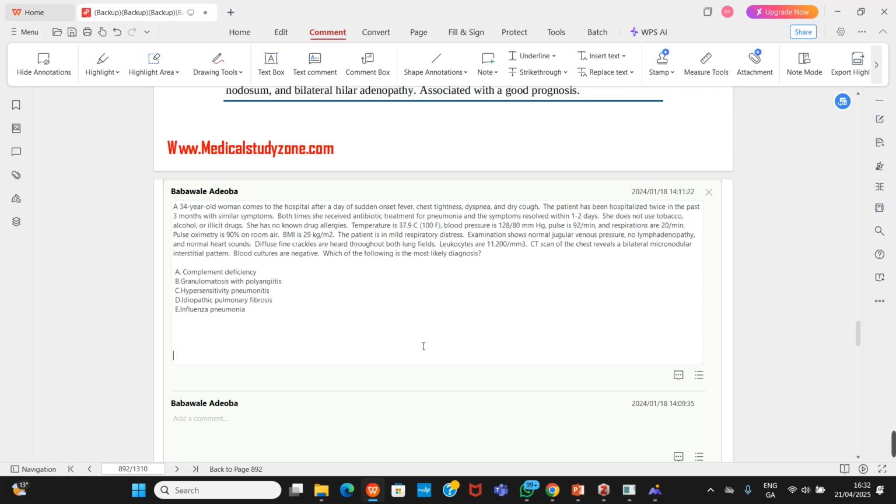There are diffuse fine crackles on both lung fields. Leukocytes are elevated. CT scan of the chest shows bilateral micronodular interstitial pattern. Blood cultures are negative. Which of the following is the most likely diagnosis?